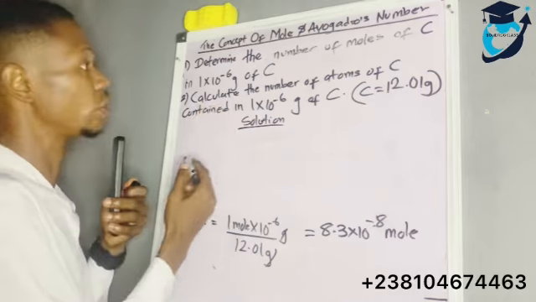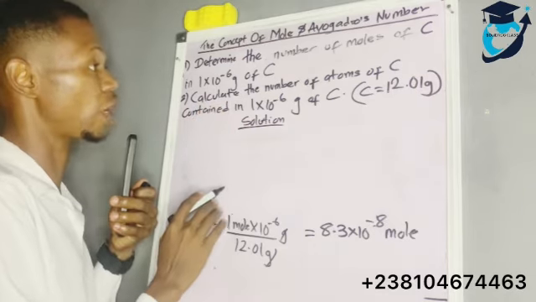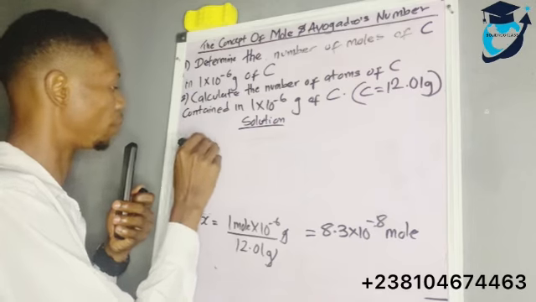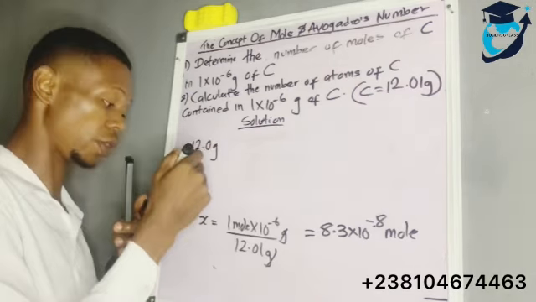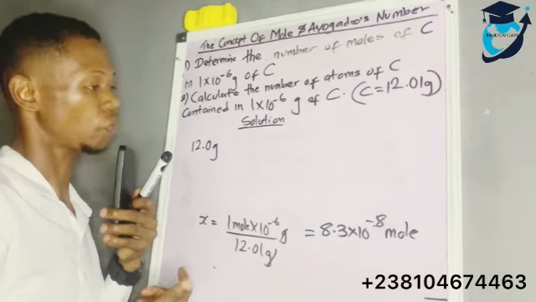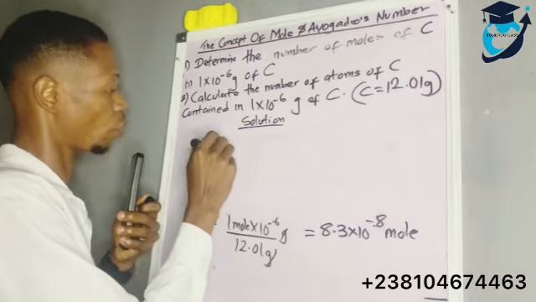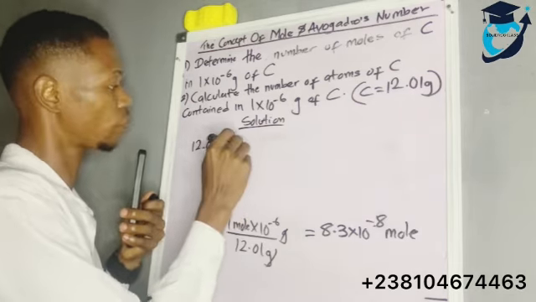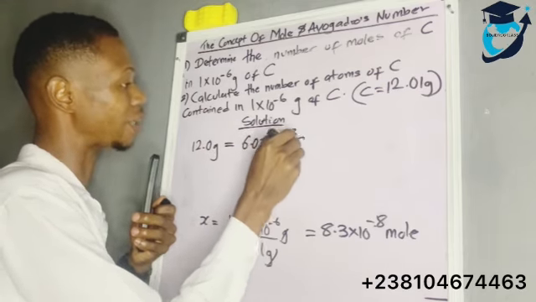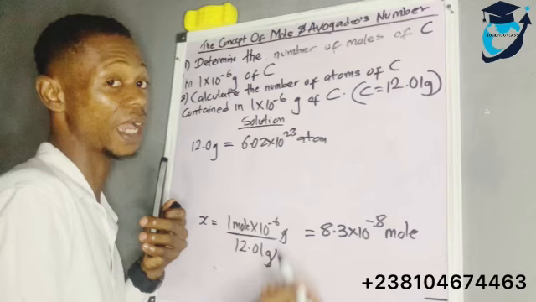So for the second question, we are asked to calculate the number of atoms. But we know that 12.0 gram is 1 mole. You understand? So we can use this, or we can use 1 mole. 12.0 gram contains 6.02 times 10 raised to 23 atoms, according to Avogadro's. Now, what did the question tell us?